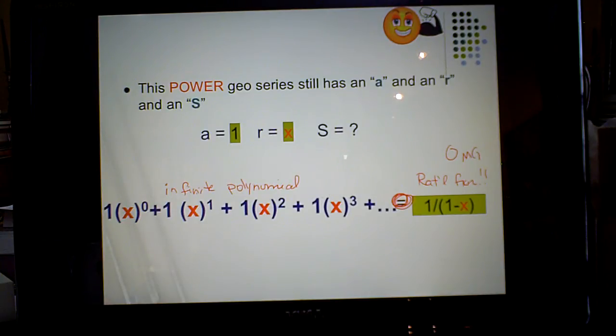Because infinite polynomials, true, are a little awkward, they're infinite. But what if all I need is an approximation? If I chop this infinite polynomial off and make it finite, it's no longer exactly equal to this rational function, but it's pretty close, right?